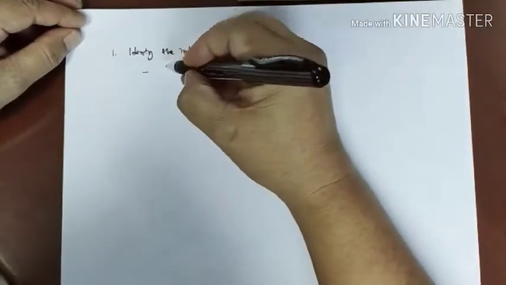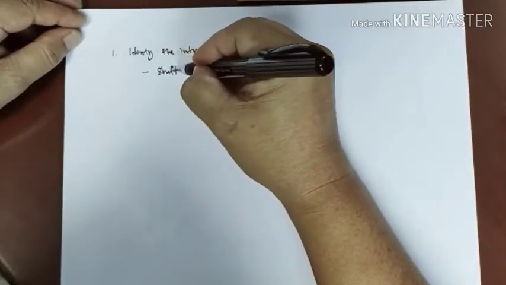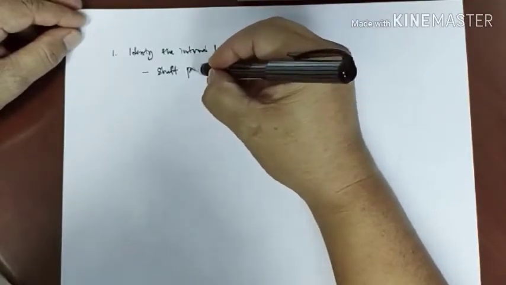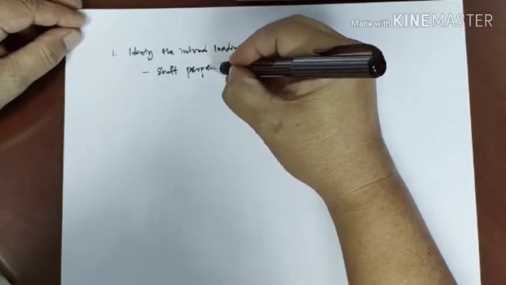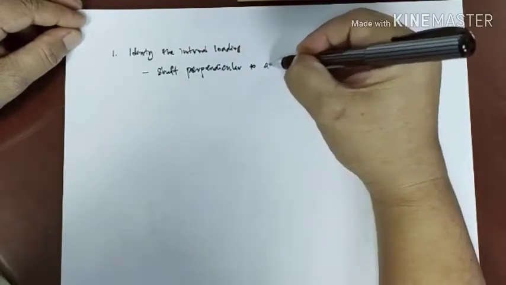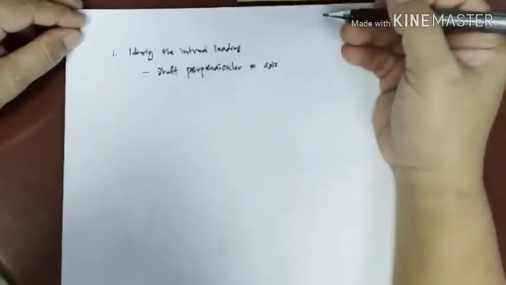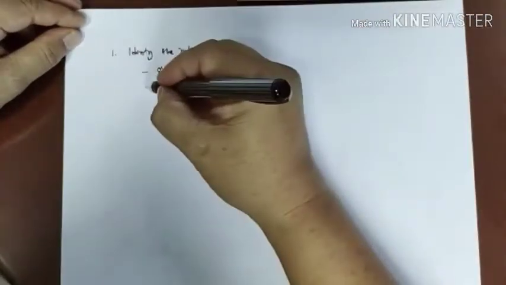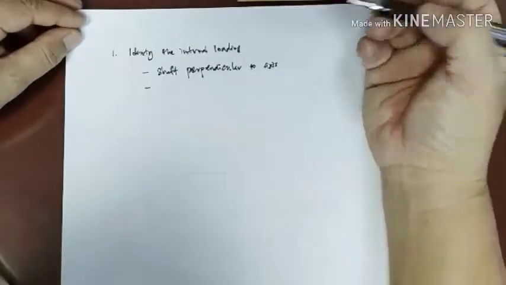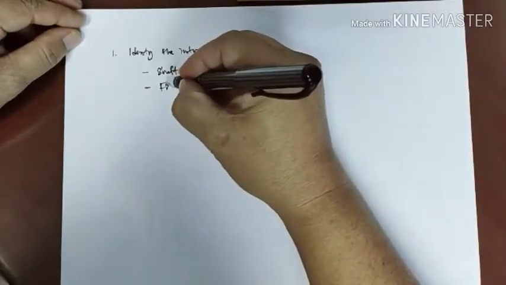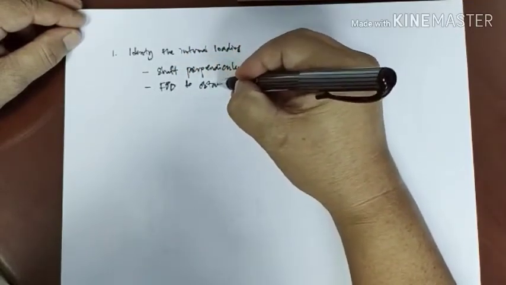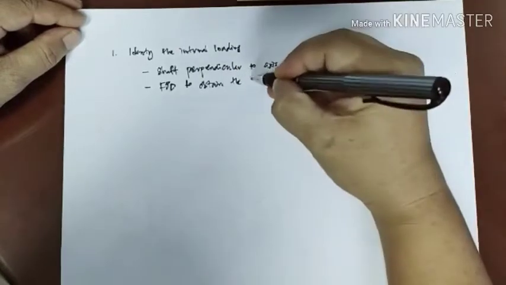That is the objective of identifying the internal loading: perpendicular to axis. If not, it cannot be solved, because torsion is rotating about the longitudinal axis. Then we identify the free body diagram to obtain the internal torque.